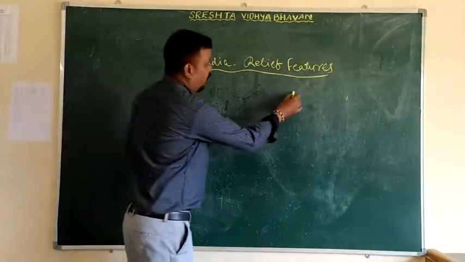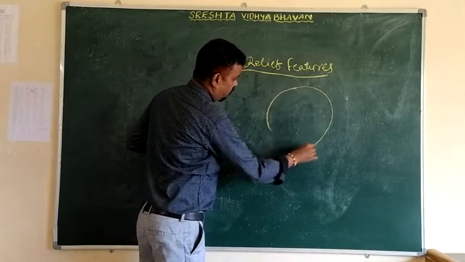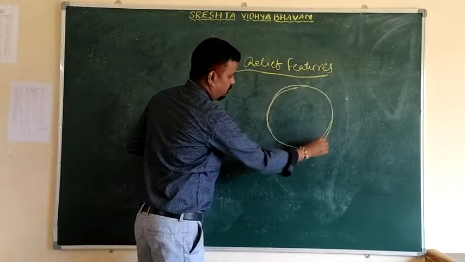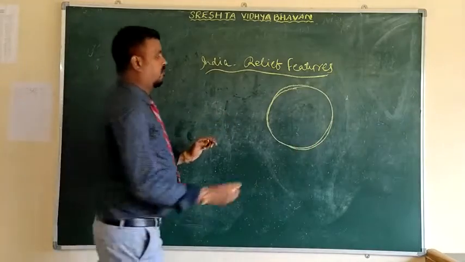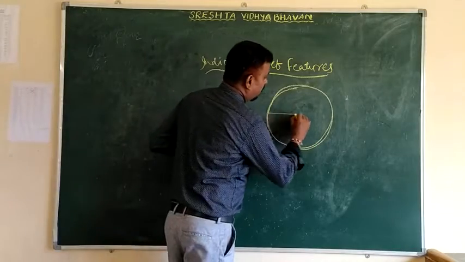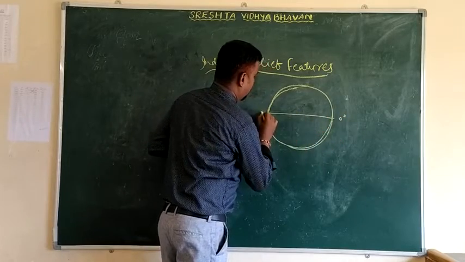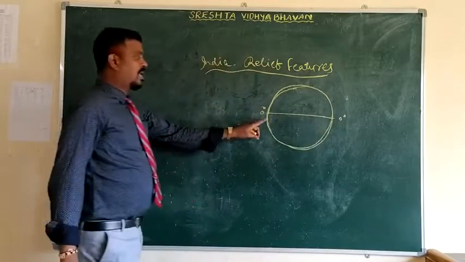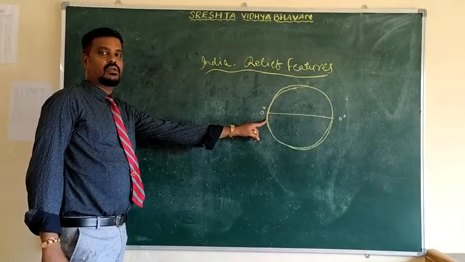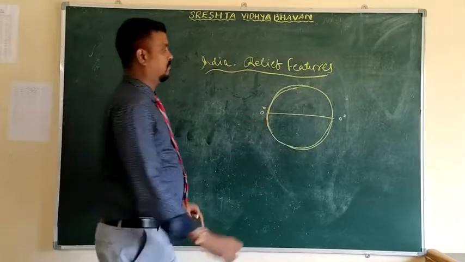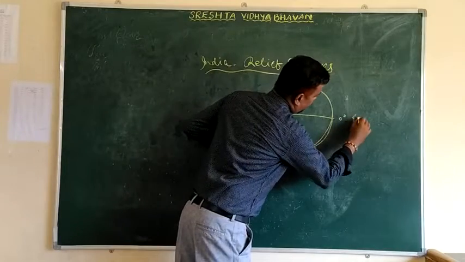So you come to the world map. The world is divided into two equal parts. The middle line of the globe is called 0 degree latitude or equator.